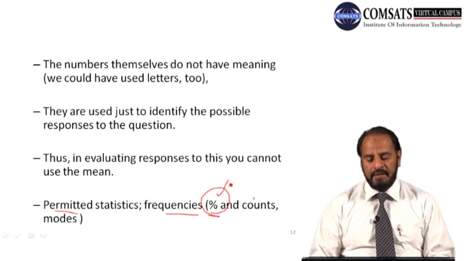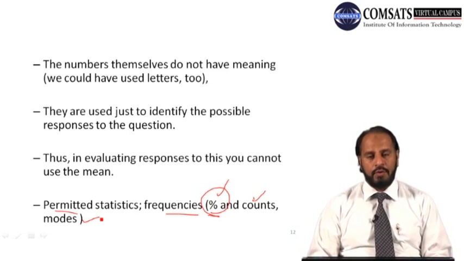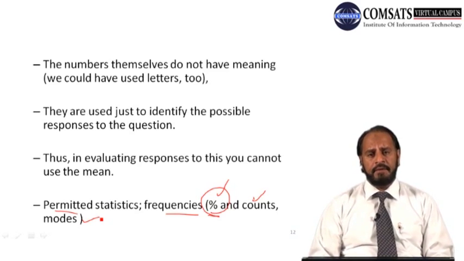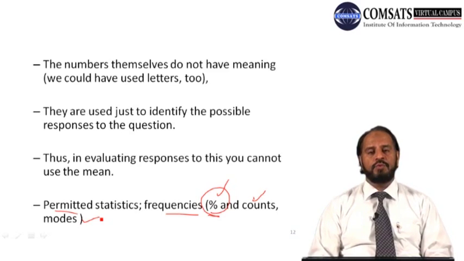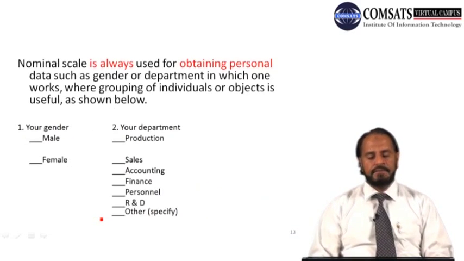So we can calculate the percentages, we can count them, or we can find the mode of the respondents for that particular question. This is the kind of statistic you can run under a nominal scale, because at the end of the day, we want to see where our respondents' views lie after posing certain questions to them, and then do some analysis on that.